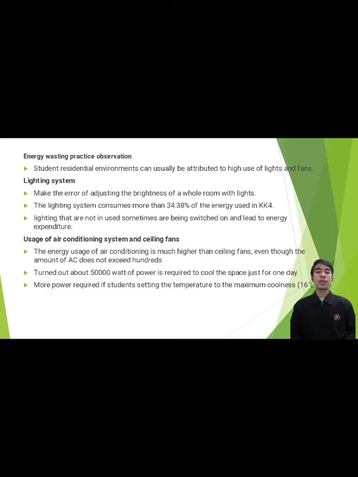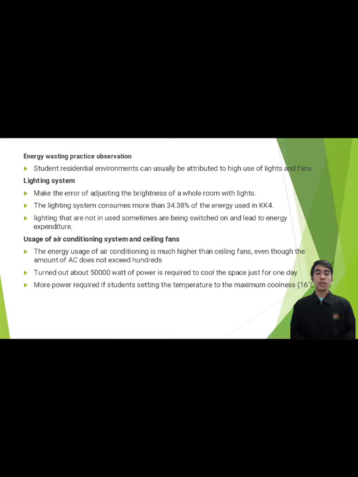There are some practices that are the main cause that may lead to the energy wastage in KK4. The first one is the lighting system. When it comes to the lighting, many individuals make the error of adjusting the brightness of the whole room with lighting, which can result in expensive power costs.